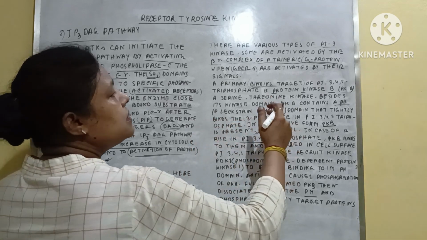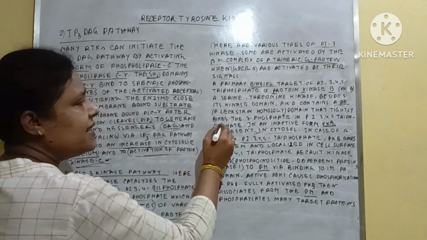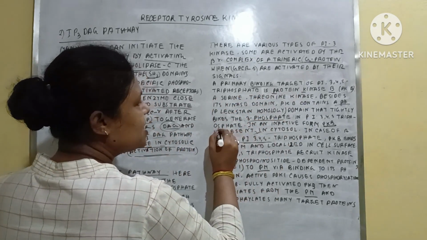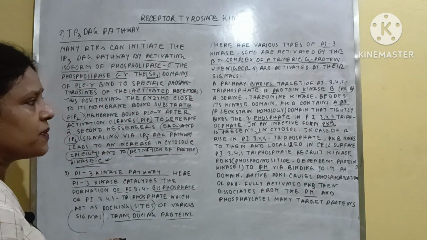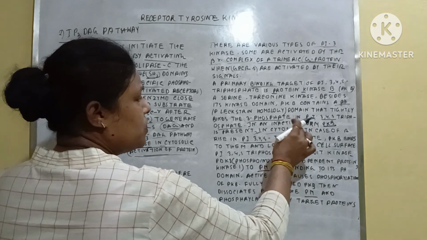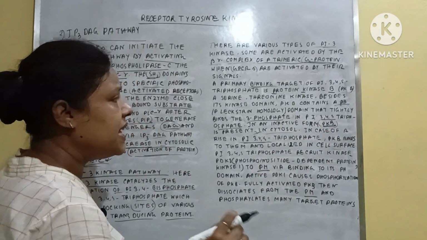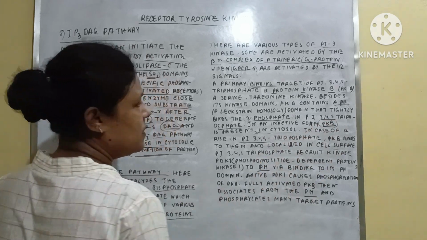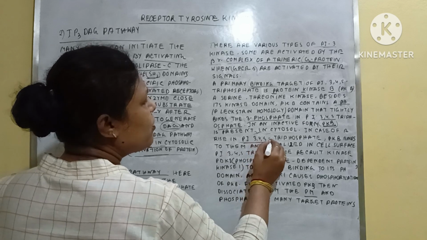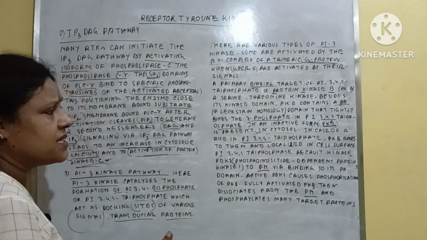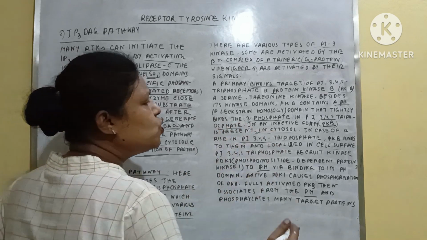And what is the main role of these domains? They tightly bind the 3-phosphate of PI3,4,5-triphosphate. Generally when the level of PI3,4,5-triphosphate is very low, PKB remains in the cytosol. But when it rises, then PKB binds with it and comes towards where?